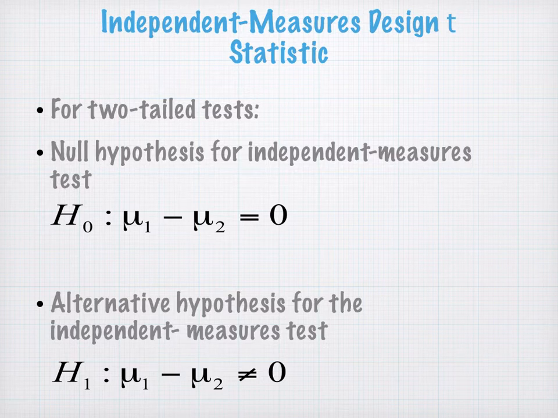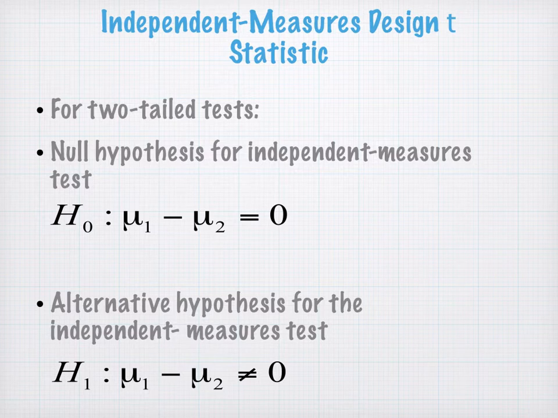We'll go over that a little bit more in class, and you can see the notations on those. But it's important to remember that we're making our hypotheses about the population, and that's why we're using the Greek notation here, because both the null and alternative are about the populations.